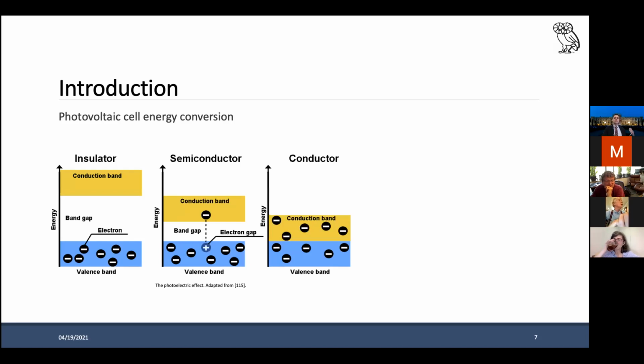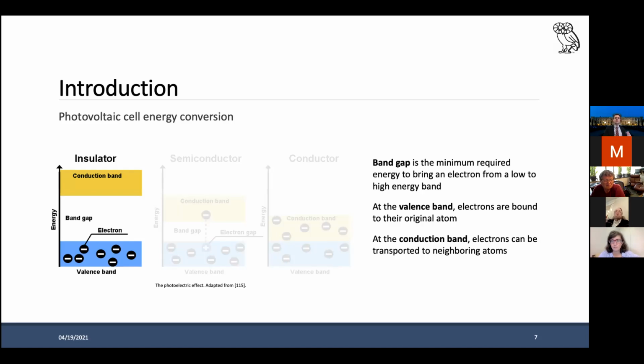When we talk about electricity conduction in bulk materials, we can characterize them into insulators, conductors, and semiconductors. In insulators, there is a significantly large energy difference, also called a band gap, between the valence band, where the electrons are bound to the atom, and the conduction band, where the electrons can be transported to other atoms.